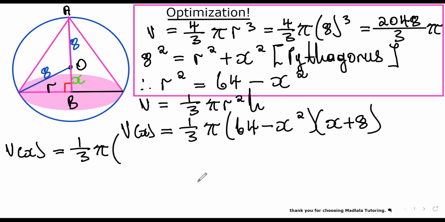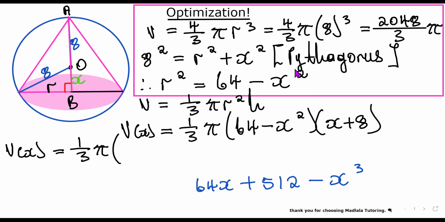According to the FOIL method, we take 64 and times it by x, take 64 and times it by 8. Well, I'm just going to press this into my nice calculator, which was given to me back in 2019. Then next we say x squared by x, that's negative x cubed.